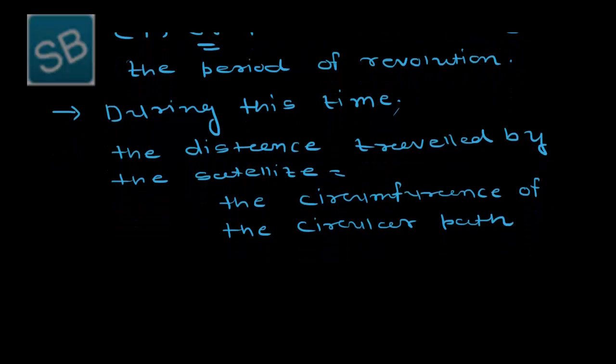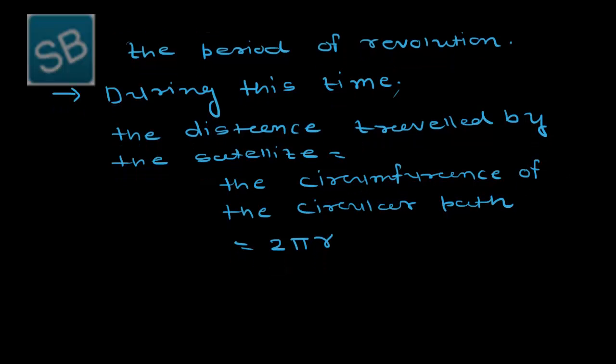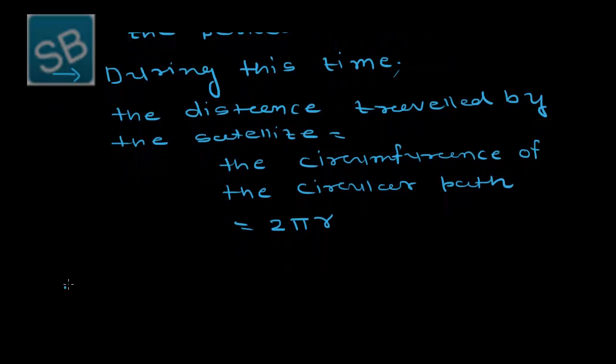And the circumference is denoted by 2 pi r. And therefore, if I want to find out the orbital speed, and speed is distance covered divided by the time interval.